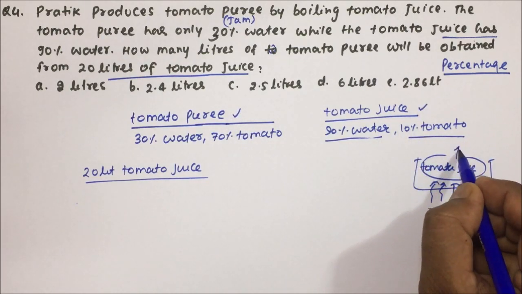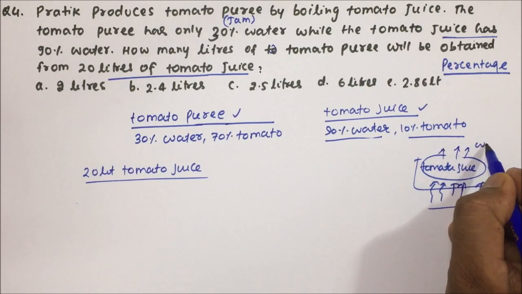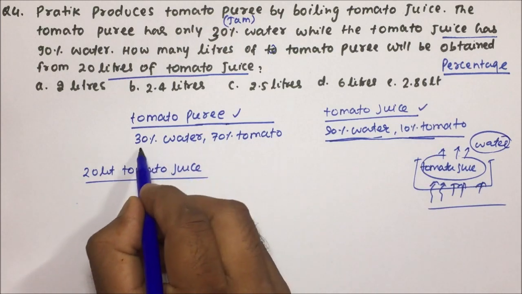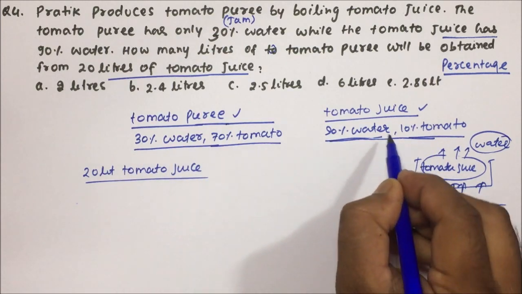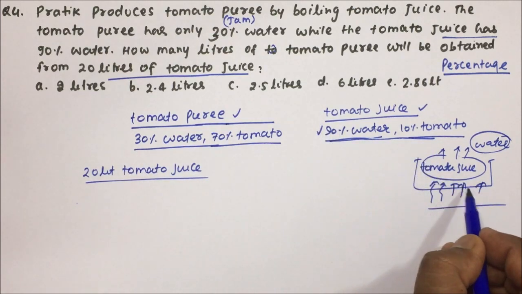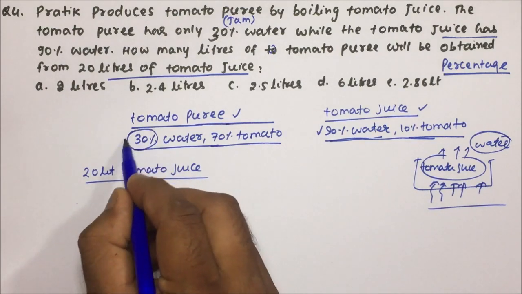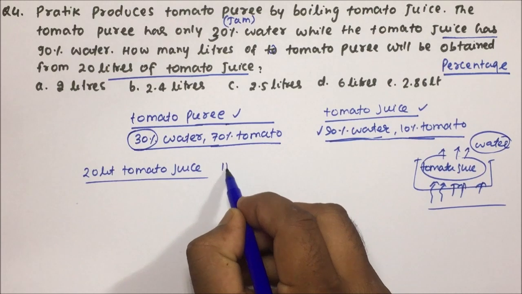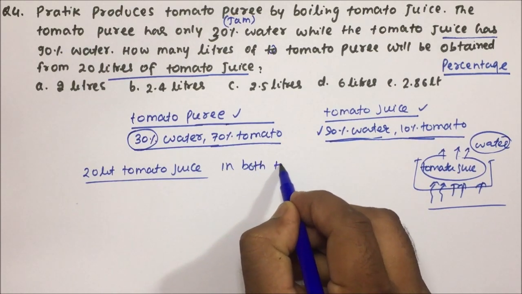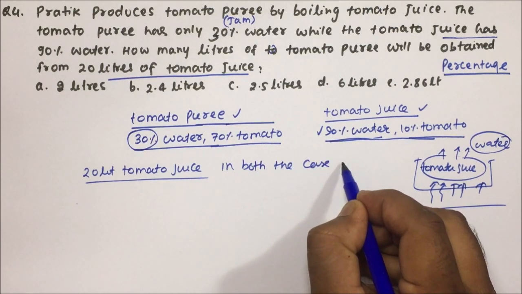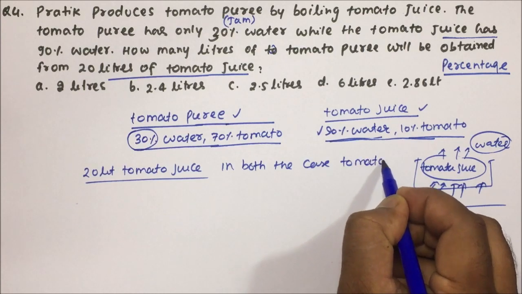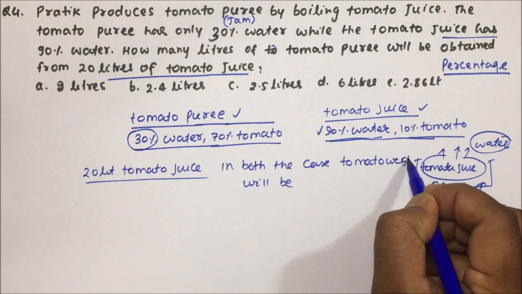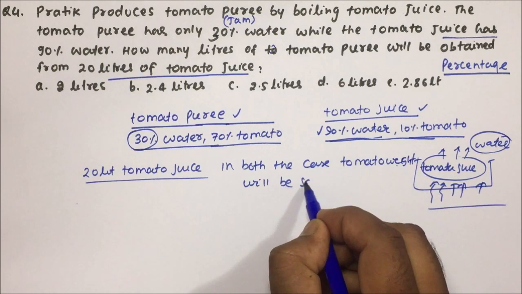If you boil it, the water will evaporate, but the tomato remains the same. Here 90% water is there, and if you boil it, the percentage of water will reduce. So in both cases, the tomato weight will be the same; only the water will evaporate.